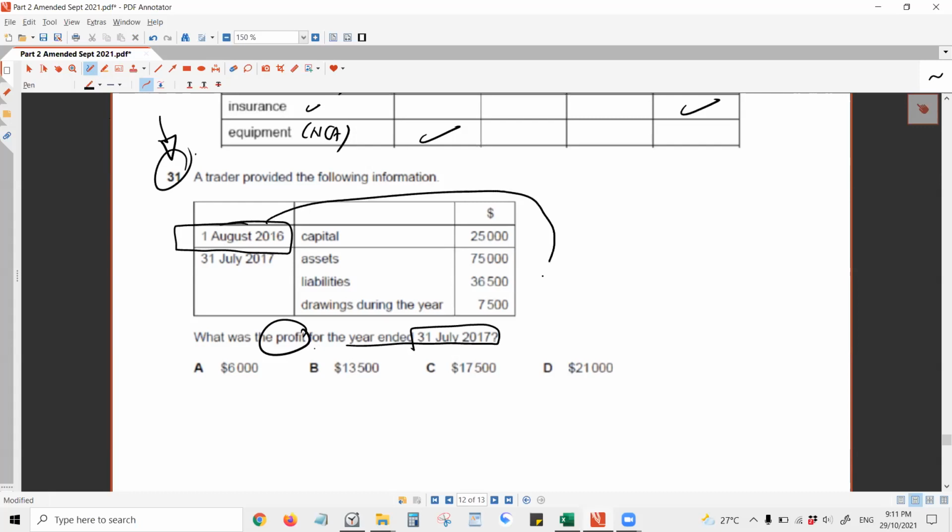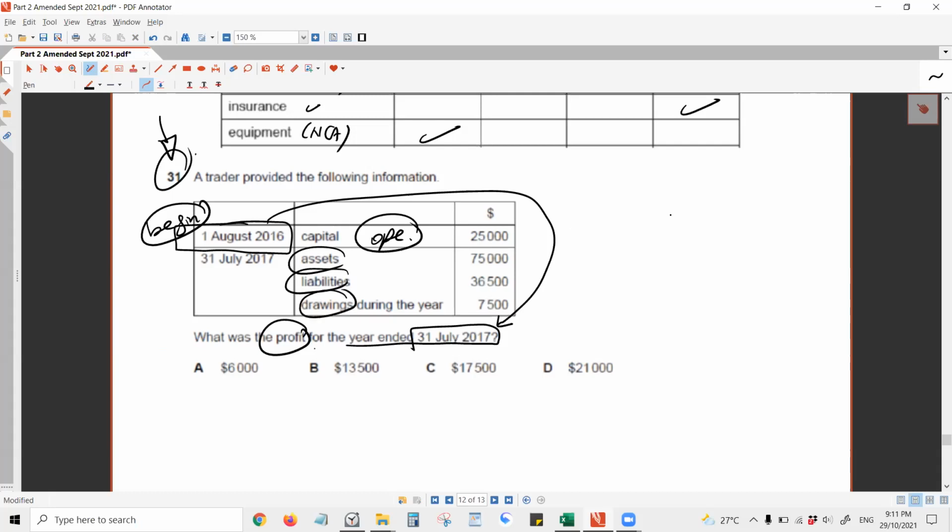If you try to observe the dates and you are number sensitive, you should be able to observe that this is the beginning of the year. This is the first day of the year. So you call this opening capital. They give you some assets, give you some liabilities, then they give you drawings.